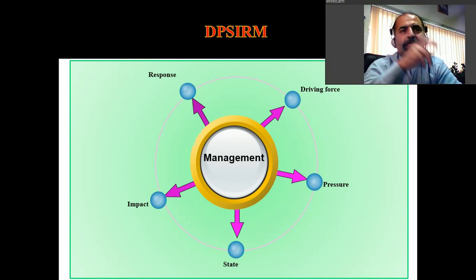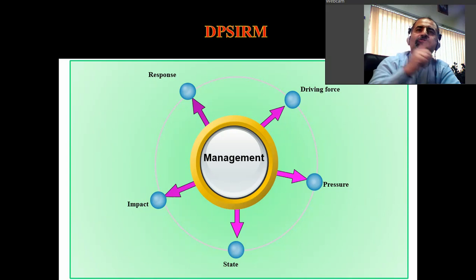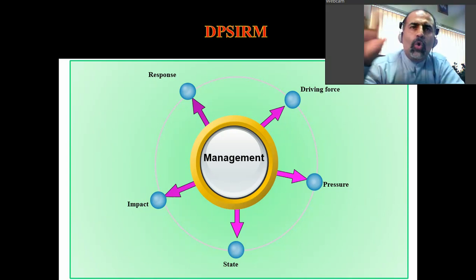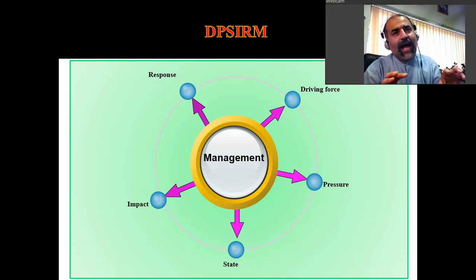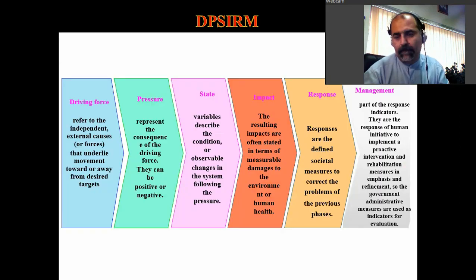It consists of, as you can see here, 6 elements that totally facilitate proper management of the system. And you can see here that the management has a look at all different aspects and all different components of the system.